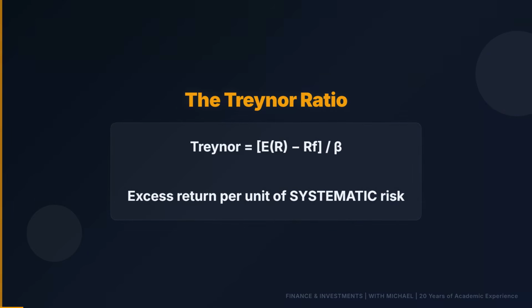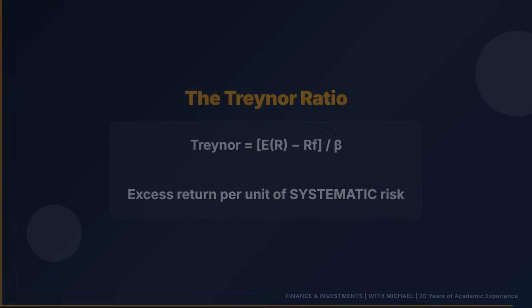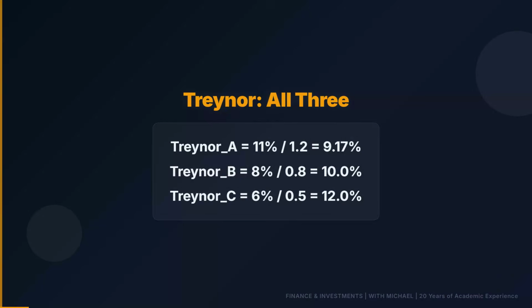And for the market, Sharpe equals 4 minus 2 divided by 2.83, which equals 0.71. What do these numbers tell us? Security A has the highest Sharpe ratio at 0.77, meaning it delivers the most excess return per unit of total risk. Security B has the lowest Sharpe at 0.53, the worst risk-return trade-off.